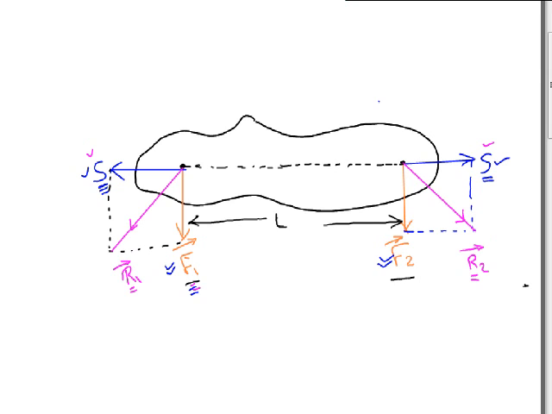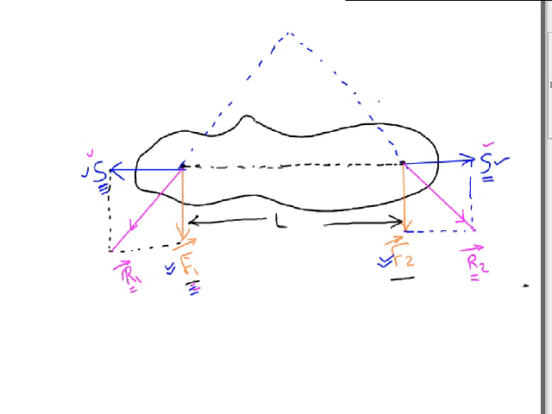Now if you look at it, you have the forces R1 and R2 which are not parallel to each other. So we can extend their lines of action as shown here so that they meet at a point. So we extended this R1 back, we extended this R2 back, and they are meeting at a point.